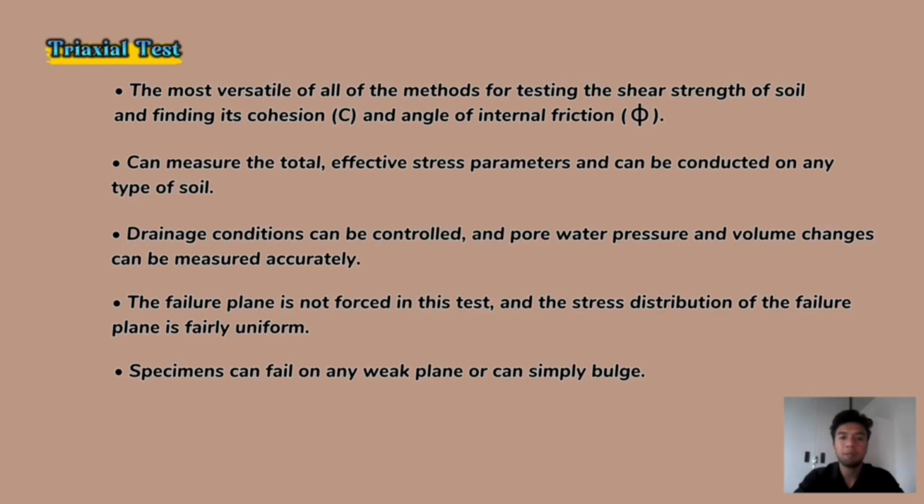Drainage conditions can be controlled and pore water pressure and volume changes can be measured accurately. The failure plane is not forced in this test, and the stress distribution on the failure plane is fairly uniform. Specimens can fail on any weak plane or can simply bulge.